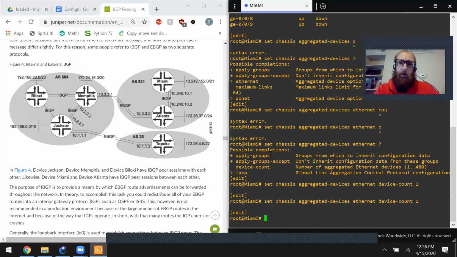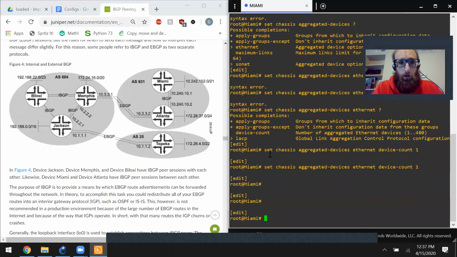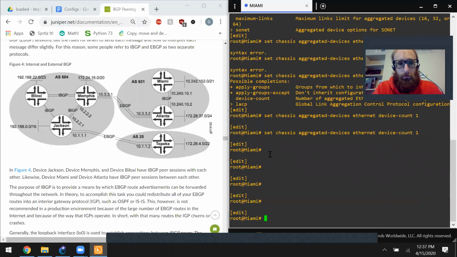You can see there, I just typed out the whole thing again because I had to tab it out. I didn't really know what I was looking for, and that's going to cost me a little bit of time on the test, so I want to be very clear what I am configuring.